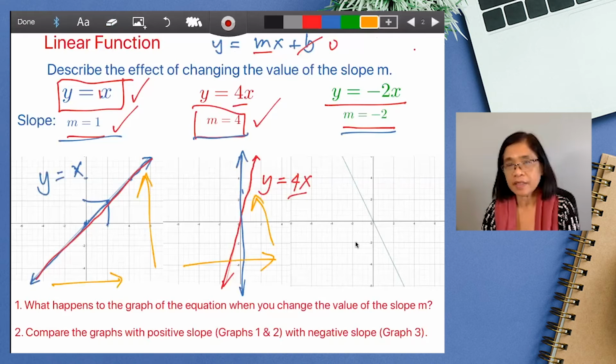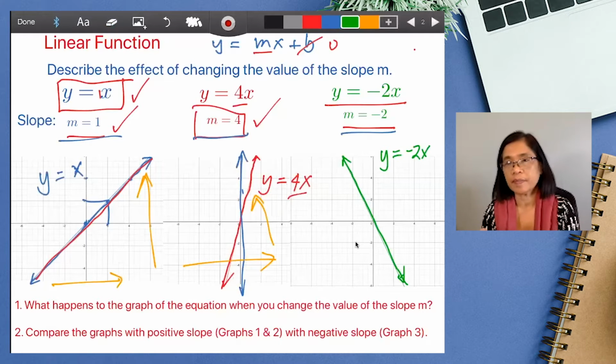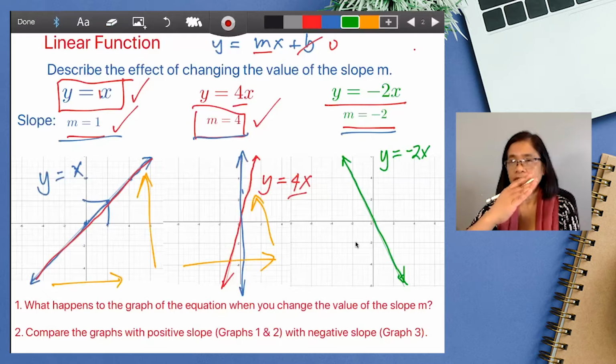But this is not the same case when we have a negative slope. In this green line, which represents the equation y equals negative 2x, the line is inclined to the left.